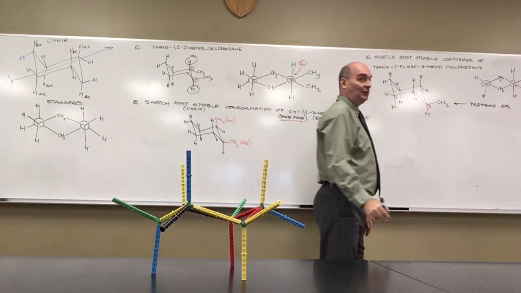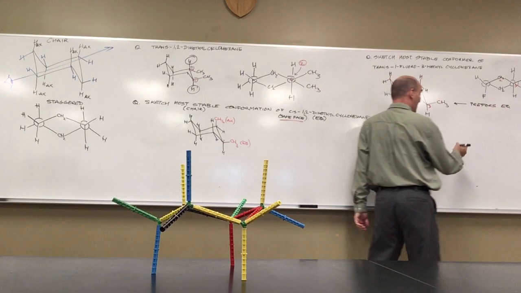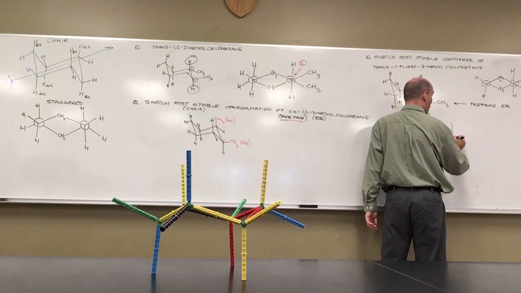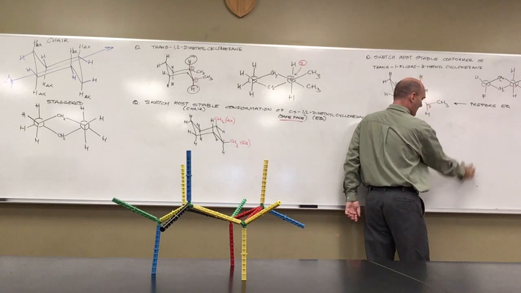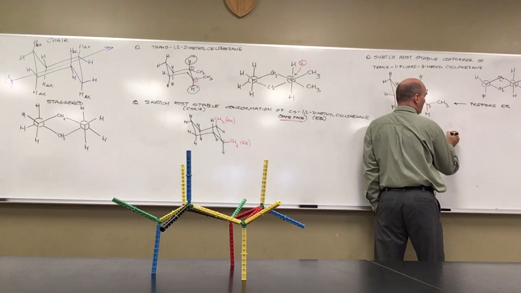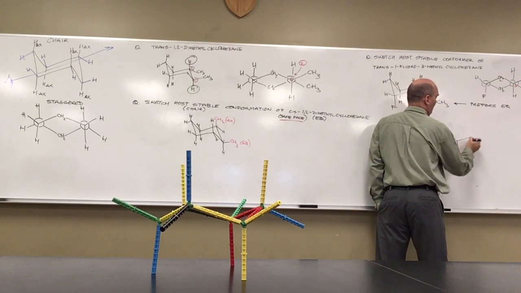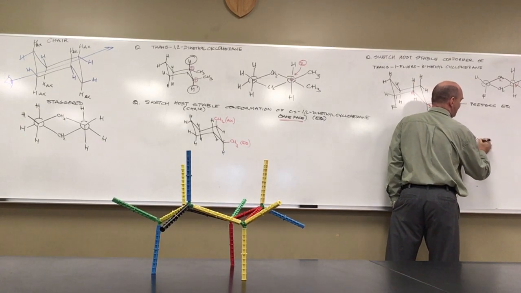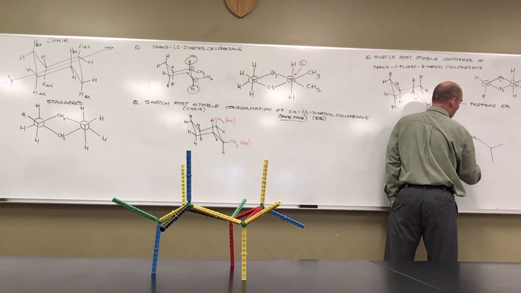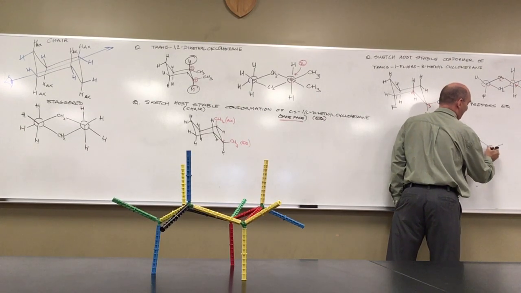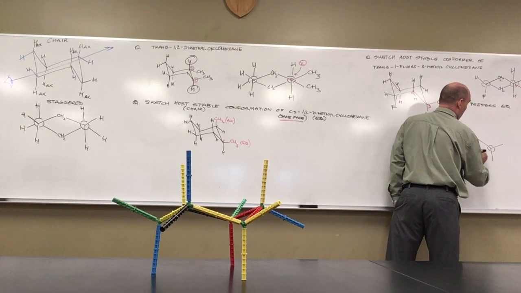Your template for the Newman projection is always going to be the same. I'm very, very rarely going to ask you a boat. It doesn't happen because it's not important. So your template is always this.